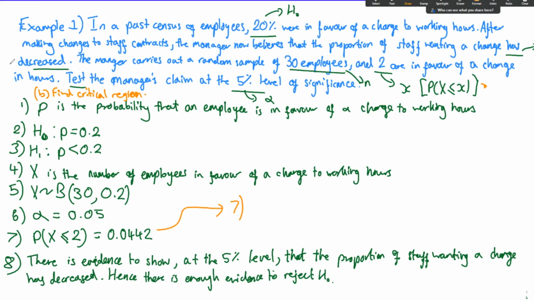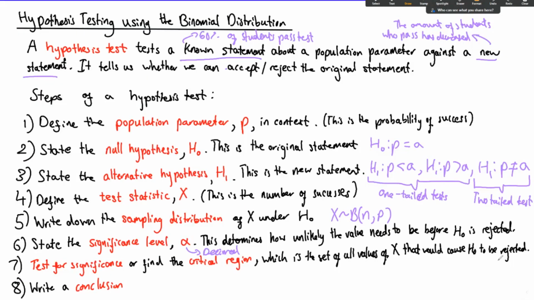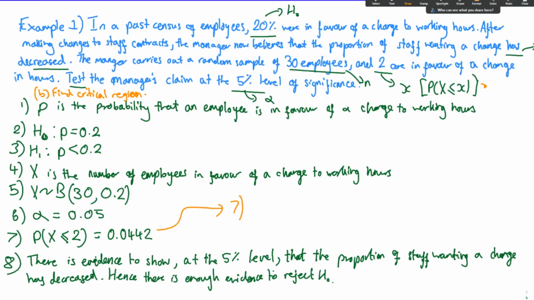So what we need to do is find the set of all values that would cause H0 to be rejected. So that's all the values less than or equal to 0.05. Okay? And we want to find the set of all values for which this would be true, or that all those probabilities would be true.